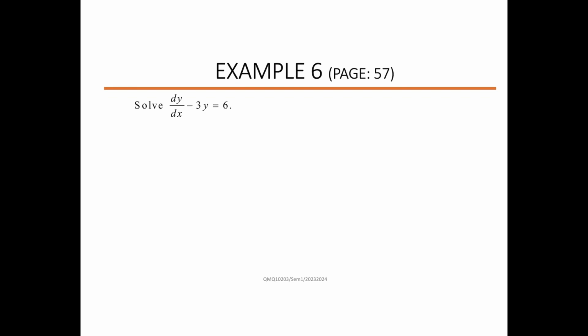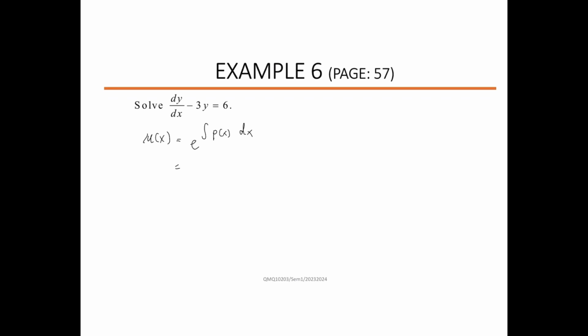To solve this one, we need to find the integrating factor mu(x). So mu(x) equal to exponent of the integral of p(x) dx. Here our p(x) is negative 3, the coefficient of y.